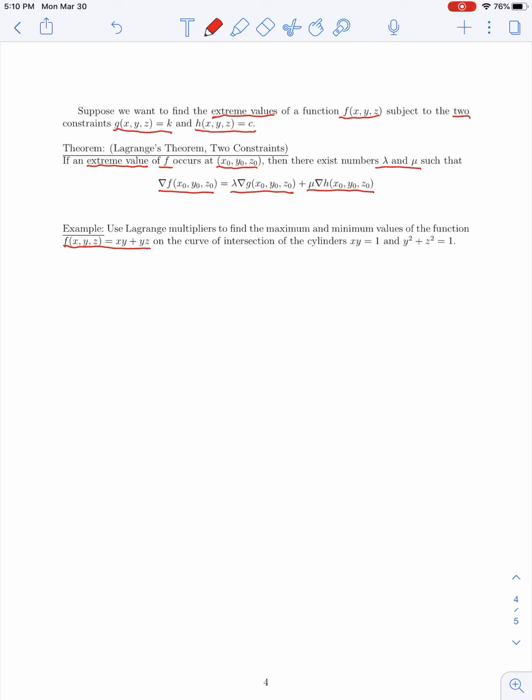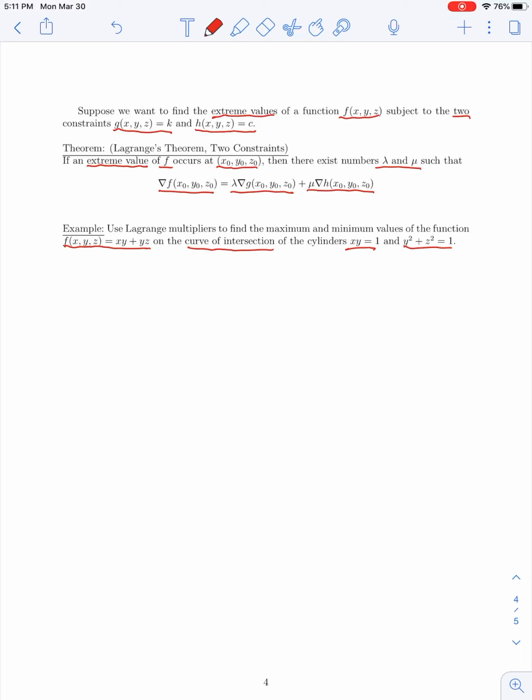In this last example, we are asked to use Lagrange multipliers to find the maximum and minimum values of the function xy plus yz, which lie on the curve of intersection of the cylinders xy equals 1 and y squared plus z squared equals 1.